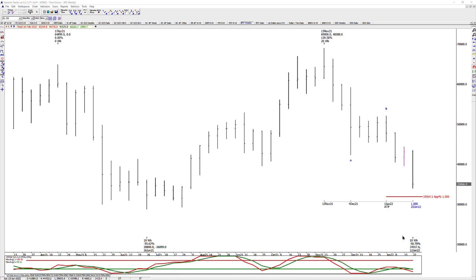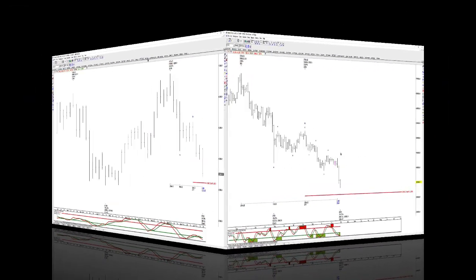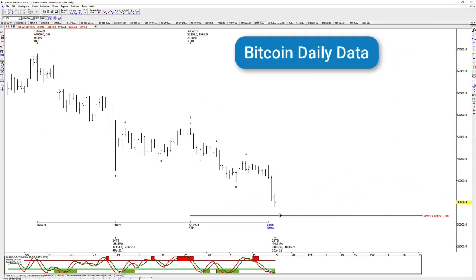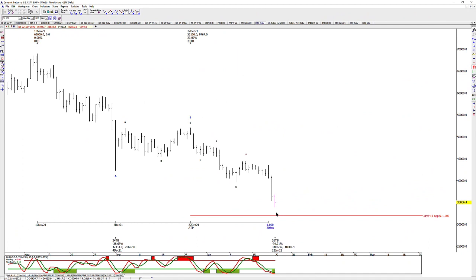So now we might want to go down to the daily data to see where we're at, time and price-wise, momentum-wise, and look for a reversal signal to complete this weekly low. So I'm going to go to the daily data, and that's as of the last weekly bar in the chart, which is the week ending January 22nd.